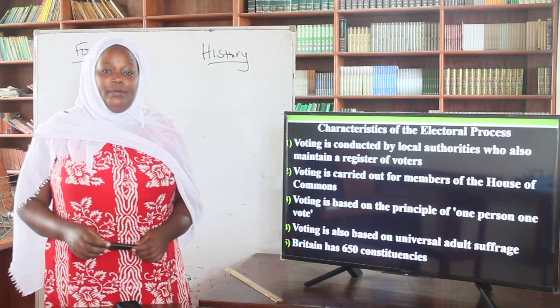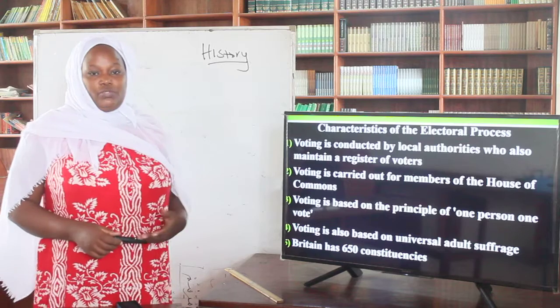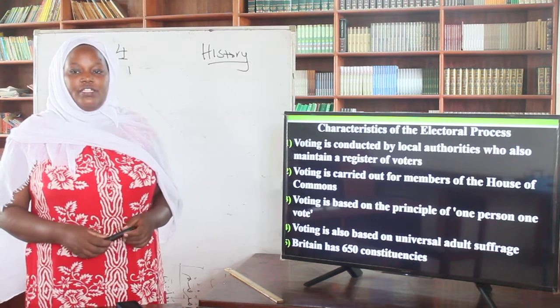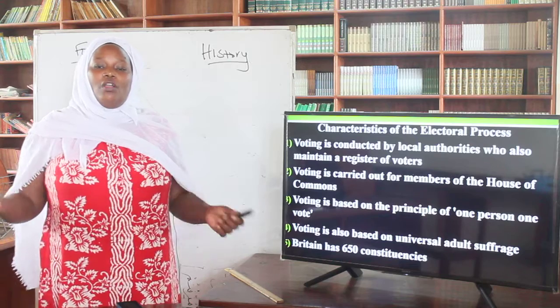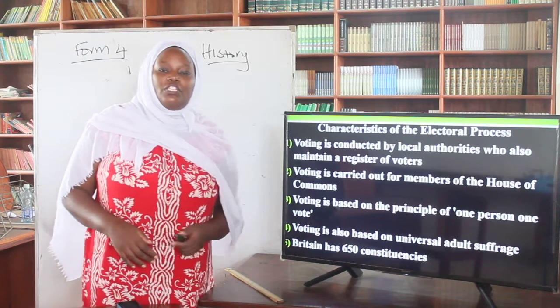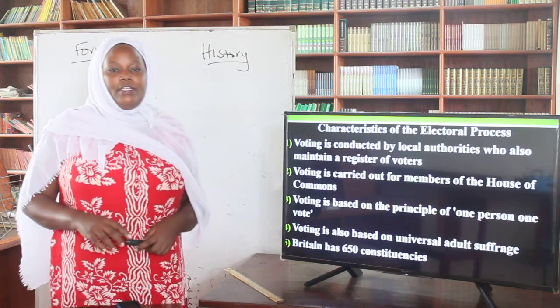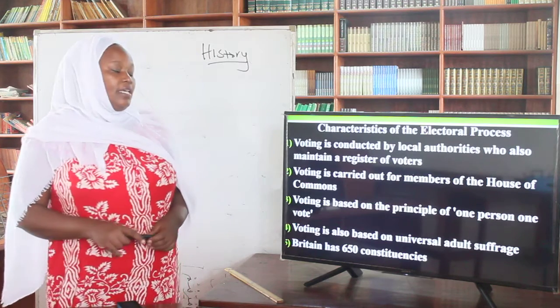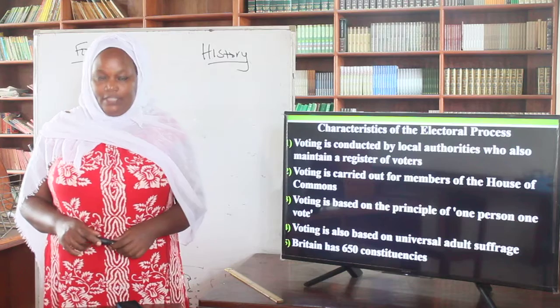That is, you cannot vote twice. And voting is based on universal adult suffrage, whereby all adults, despite where you come from, despite your qualifications, are allowed to vote. Then Britain, with its 650 constituencies, has their representatives.